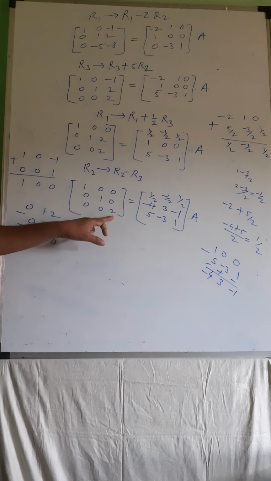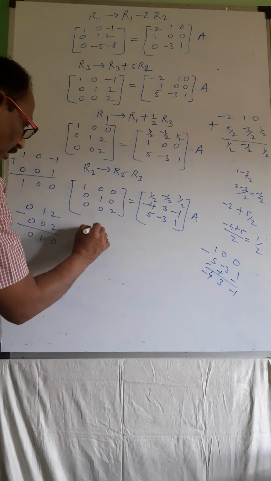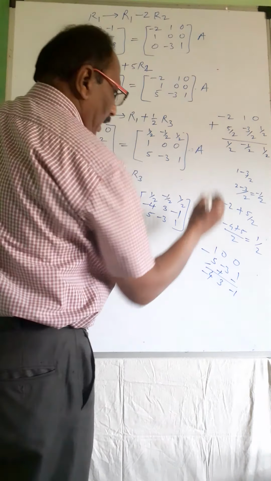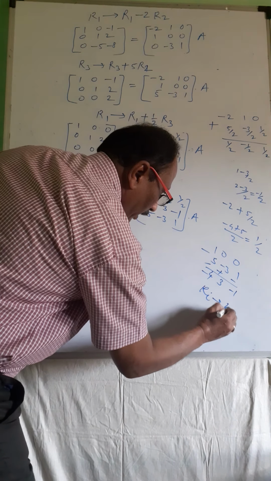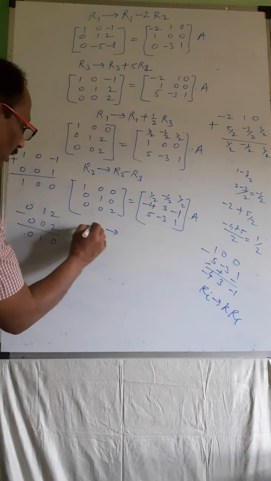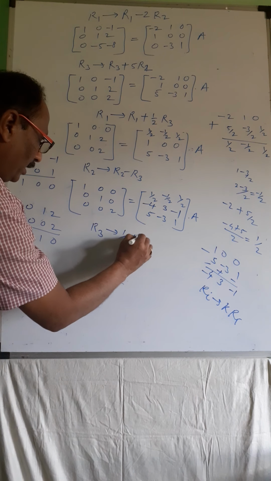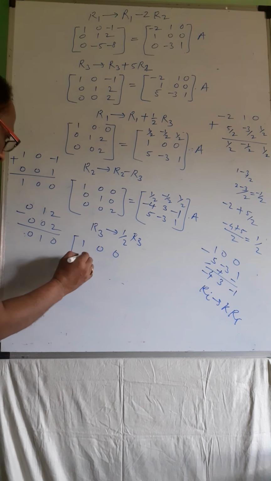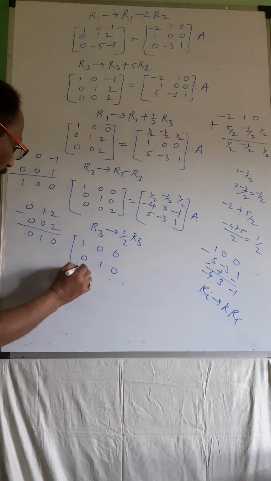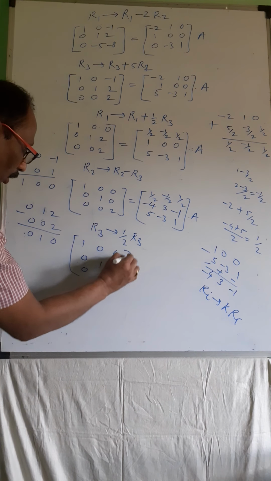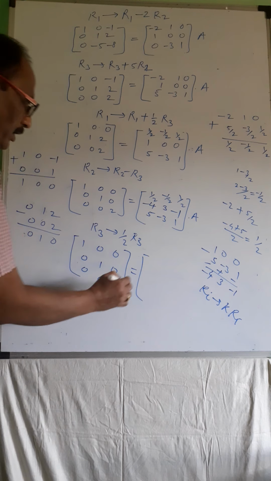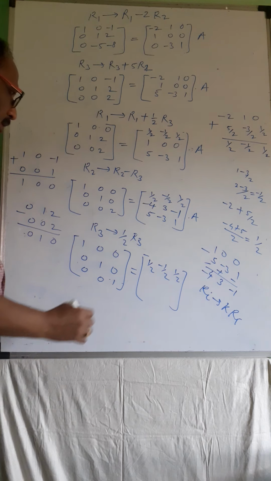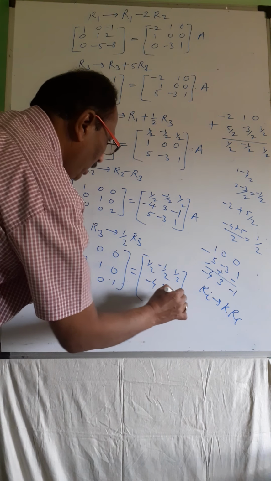Here we want 1, means R3 we are going to change by, we take this property, Ri changes to K into Ri, means R3 changes to half into R3, that is 0 upon 2, 0 upon 2, 2 upon 2.